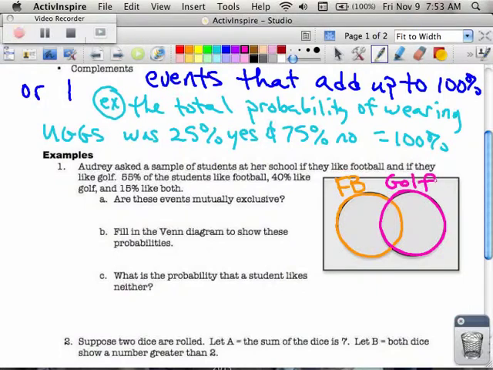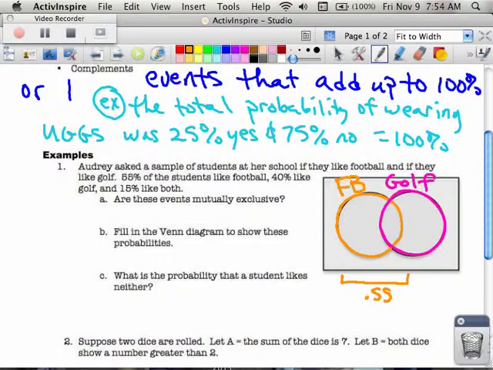We then read what they talk about and see what this means. So first of all, 55% of the people that they surveyed liked football. That means that inside of this circle over here, the orange circle, there should be 55%, or as a decimal, 0.55.